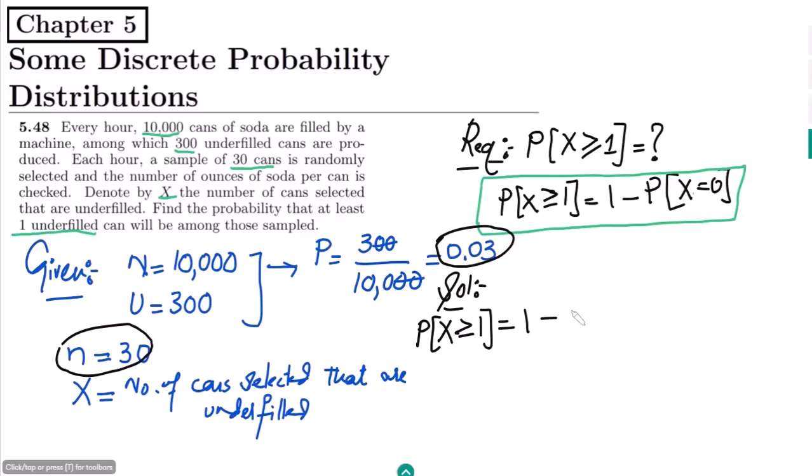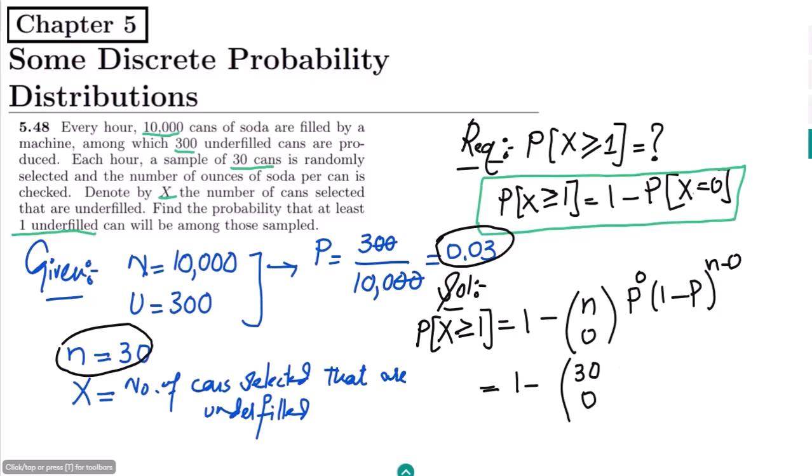This can be written as n choose 0, p raised to power 0, times 1 minus p raised to power n minus 0. Let me write these values. It would be 1 minus 30 choose 0, p is 0.03, times 1 minus 0.03, raised to the power 30 minus 0.